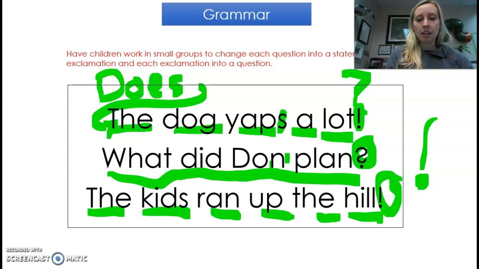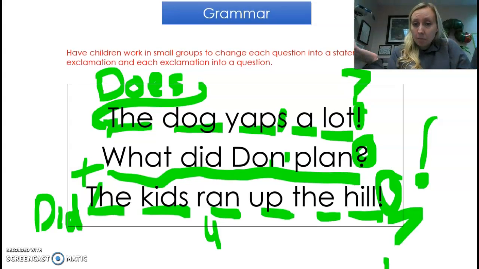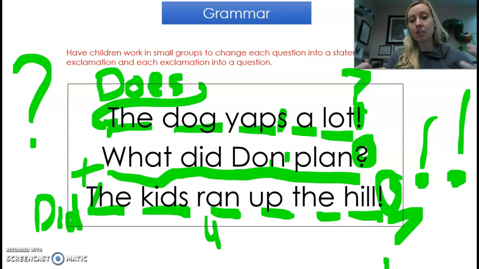And then if we did that, we'd have an exclamation mark. Dawn did make a plan. And then you could have here, did the kids run up the hill? It becomes a question. So once again, if we don't know it's a question, if we do know and we have a lot of emotion, we're excited or really sad, we use an exclamation mark.